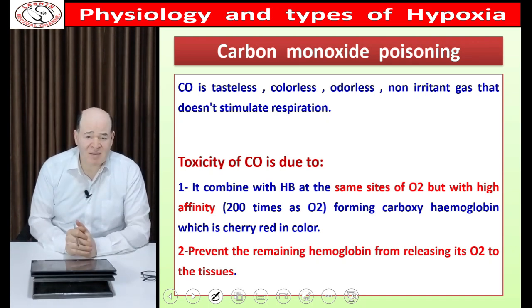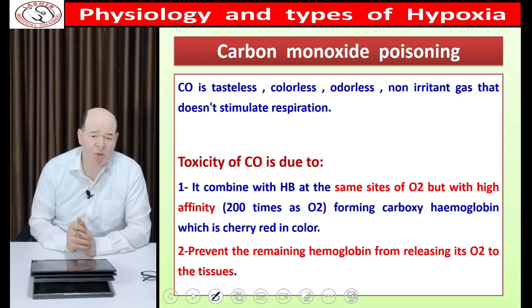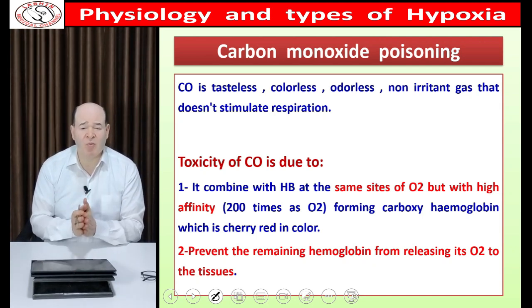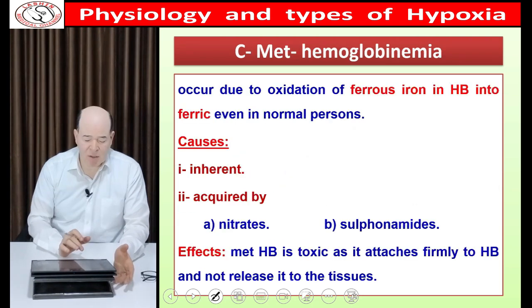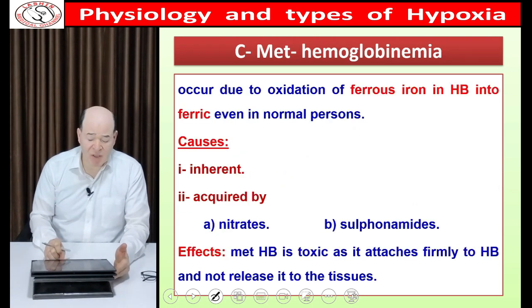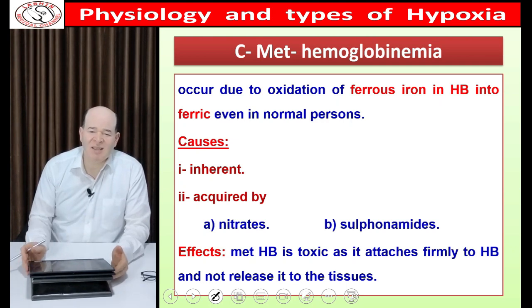Moreover, it prevents the remaining hemoglobin molecules from releasing their oxygen content. So it converts the hemoglobin molecule into a useless oxygen carrier, causing a dangerous condition of CO poisoning, which may be fatal in some situations.